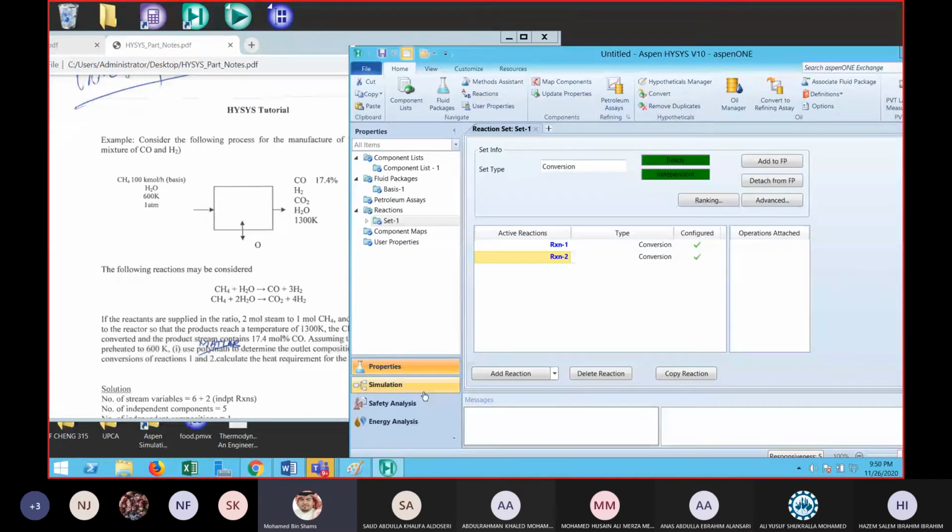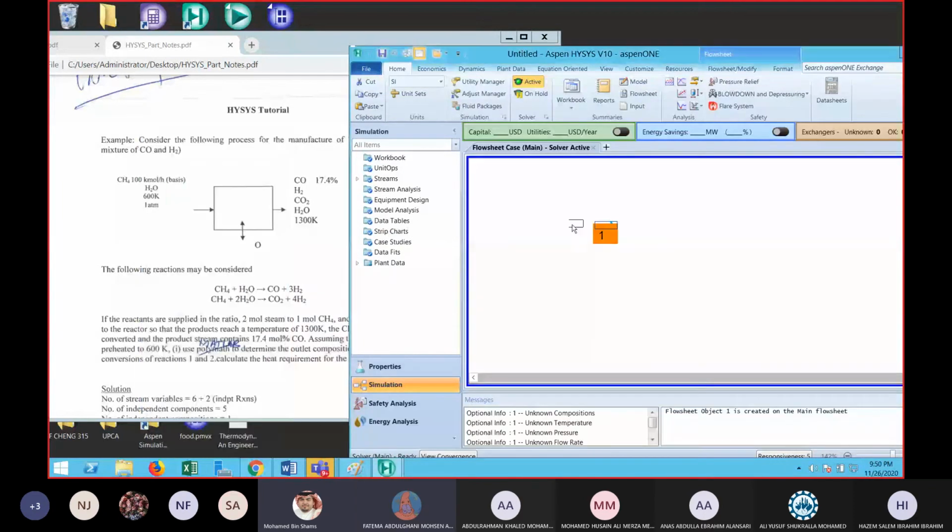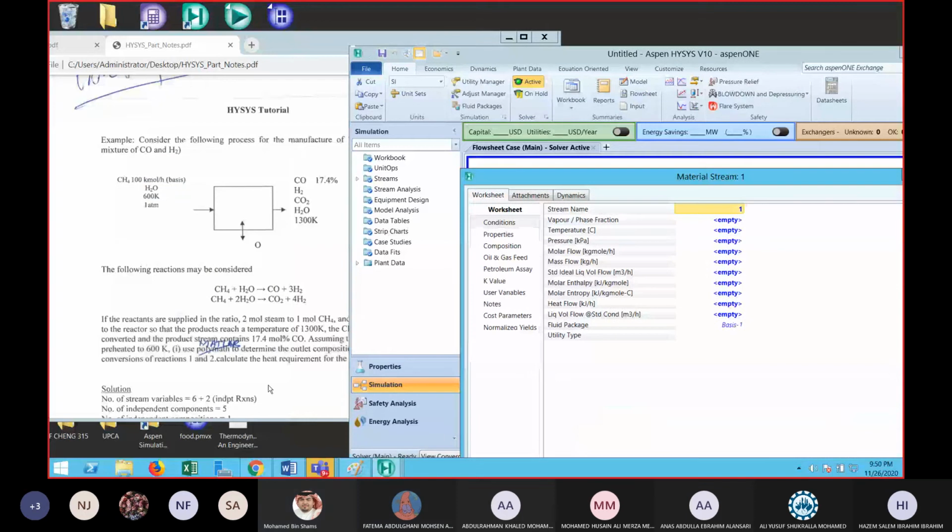So how do I know whether it is correct or not? When you come and solve the problem, you see your check, which is this. The 17.4% is your check. If the conversion is correct, because the 17.4% relates to the carbon monoxide, which mainly comes from the first reaction.